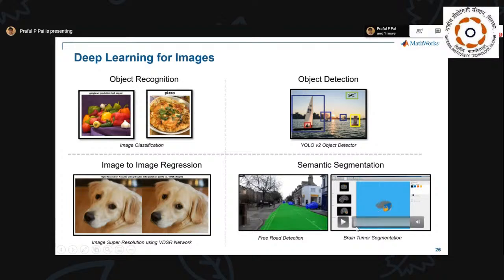Or you have your brain tumor segmentation over here, wherein some part of the brain is marked as normal, whereas the tumor is marked in a different color, and so on. Right. So these 4 things are essentially what the majority of deep learning problems with images can be classified into. And any other tasks may involve combining these things together as well.